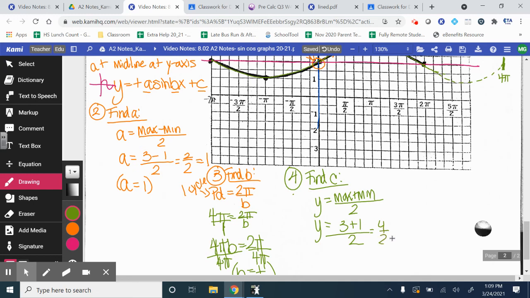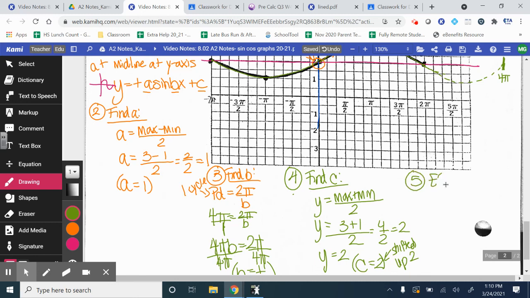That's 4 over 2, which is 2. So our midline is y equals 2, which means our C value equals 2, which means we've shifted the whole graph up 2. Remember, the midline tells us we shift everything up 2.